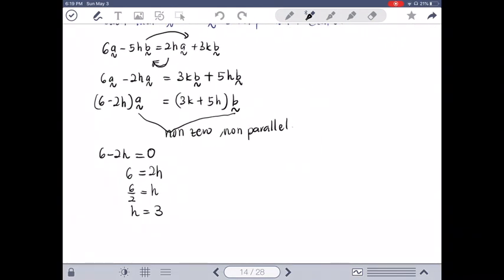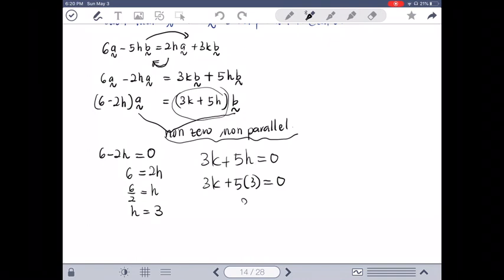The same goes for that component here. 3k plus 5h must equal 0, since it's non-zero, non-parallel. So we have, with h equal to 3, 3k plus 5 times 3 equals 0. 3k is equal to negative 15. Therefore, k is equal to negative 15 divided by 3, which equals negative 5.